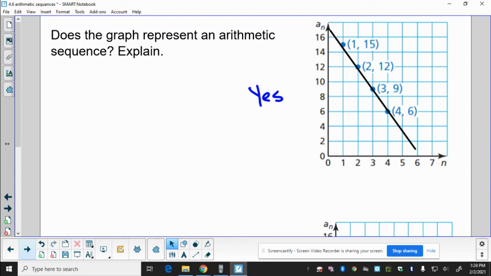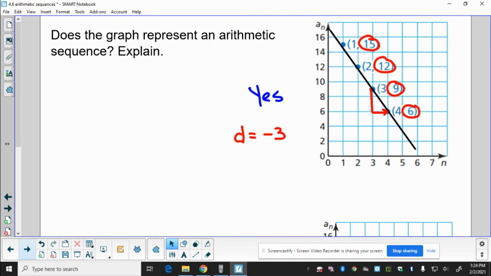Can you find the slope of this line? You probably can by counting squares or by looking at these numbers. Does it look like you're going down by 3? It sure does. Every square is 2 units, so that's actually going down 3 and over 1 if you think about it. So yes, and the common difference here is -3.